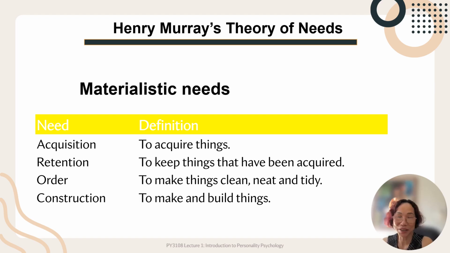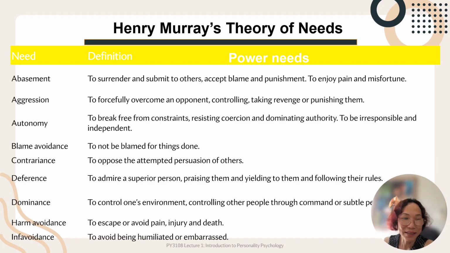That's the materialistic needs. And power needs have different needs such as aggression, autonomy, blame avoidance, contrariance, defense, dominance, harm avoidance, and lots of different needs for the power needs.